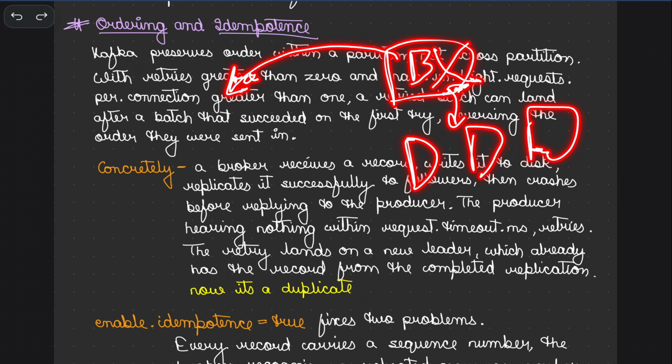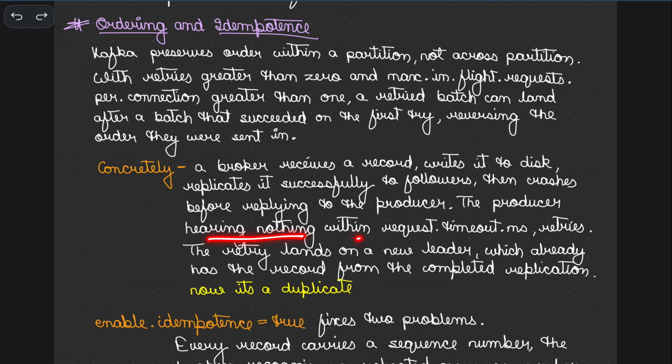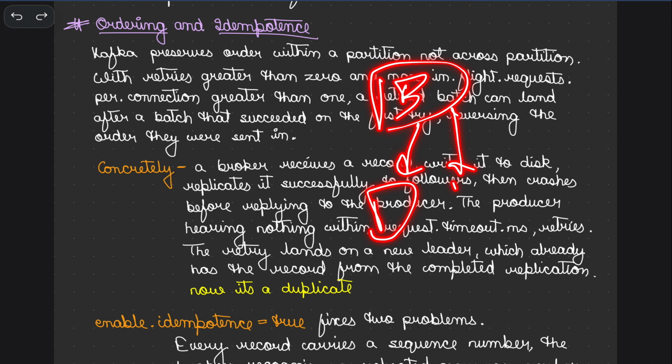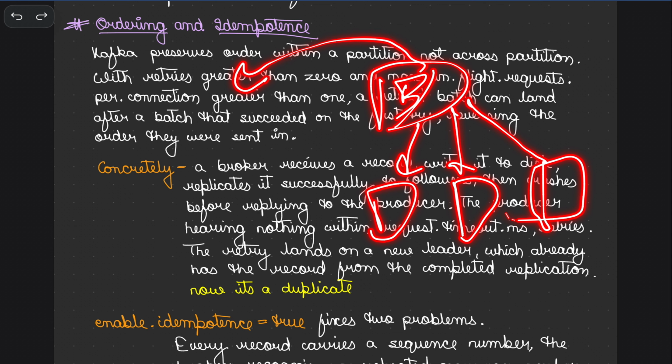Now what will happen? The producer hears nothing within request.timeout.ms, so it retries, and the retry lands on a new leader. In the example I have given, the broker received a record, it was written to the followers, and before sending the response it crashed.